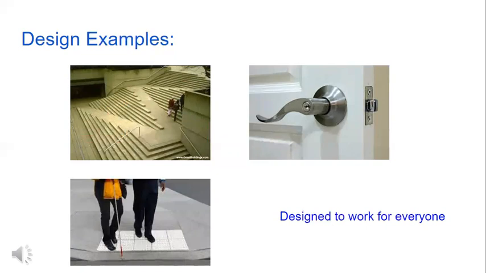Again, parents with strollers use them, someone pulling a cart or luggage can use them. Someone who has difficulty negotiating one step may find it easier to use the cutout. It's much safer for them when they're coming off the curb and onto the street. They're all great examples of universal design in our environment because they're all designed to help everyone.